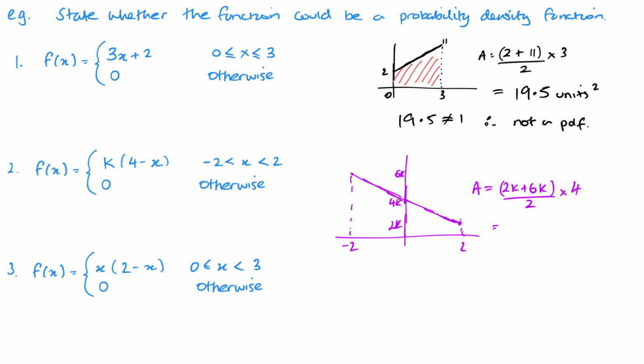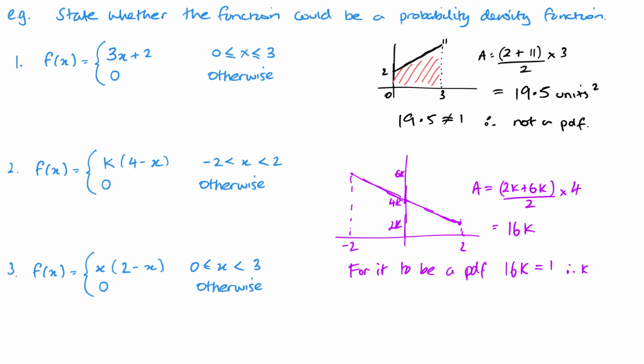And that will give me 16k. So the area under this is 16k. So for it to be a PDF, that area of 16k must equal 1.